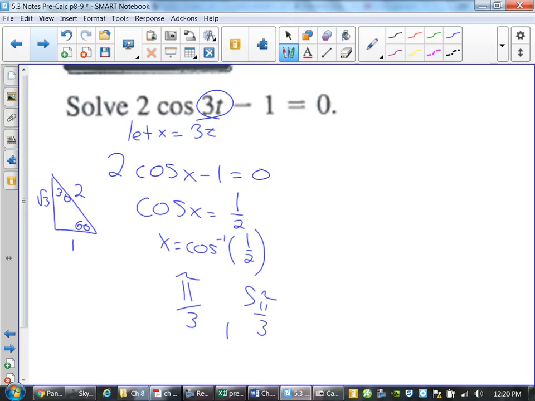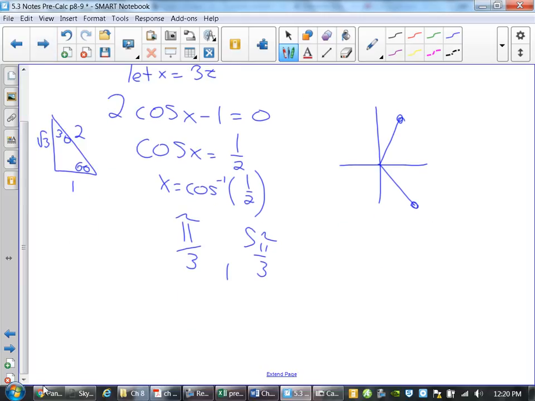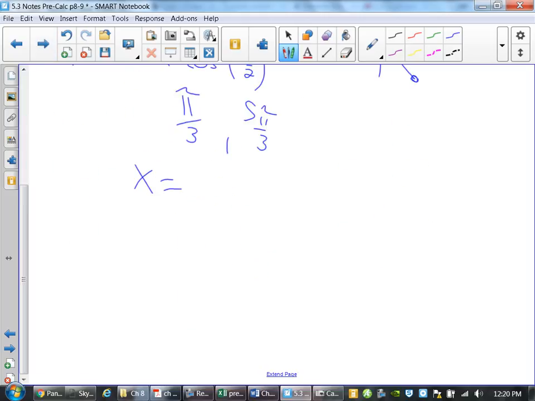Okay. Now this is setting you up for a general solution. So on the unit circle, if we're looking at this in terms of general solution, pi over 3, 5 pi over 3, what do I do to both of those to get around to them again? Very good. So we know that x is going to equal pi over 3 plus 2 pi n, or x is going to equal 5 pi over 3 plus 2 pi n.